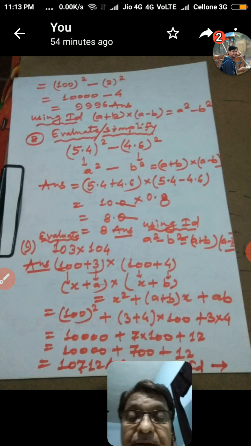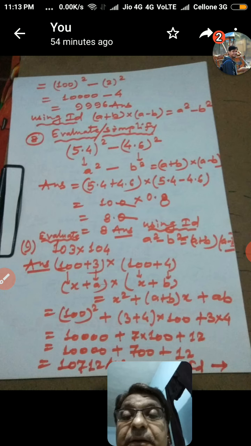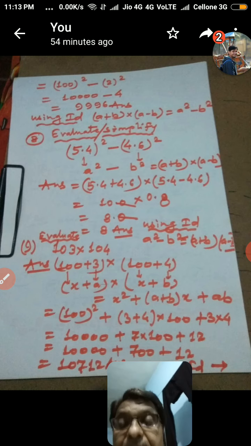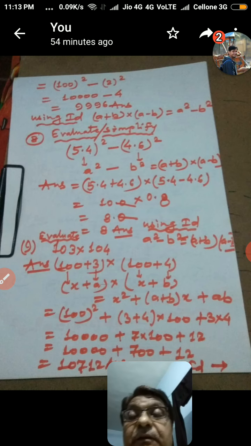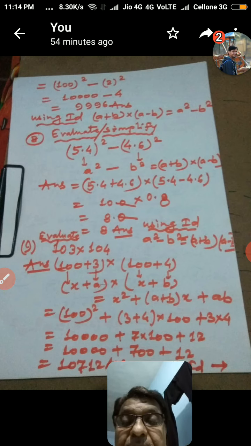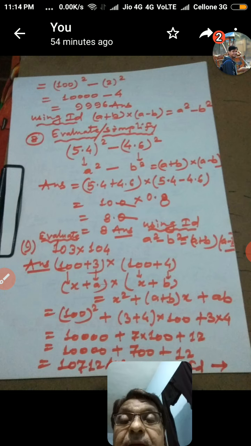Now see, the identity will be used in reverse order. Evaluate or simplify 5.4 whole square minus 4.6 whole square. You see, if you treat 5.4 as a, then its whole square is a square, and 4.6 as b, then its whole square is b square, and between them is a minus sign.